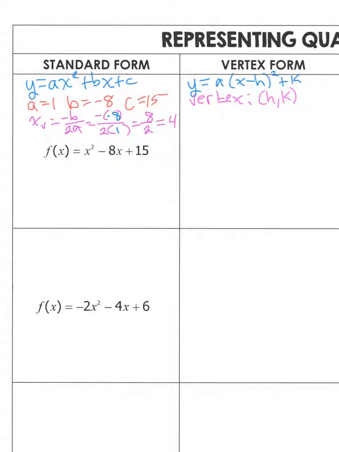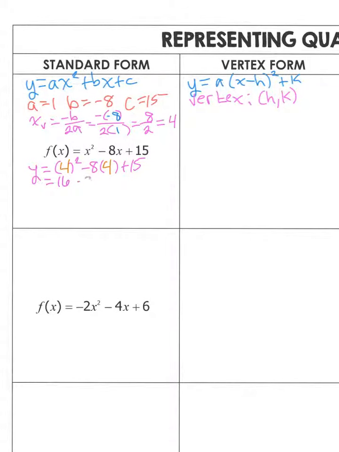Then my y value of the vertex, we're just going to plug into the equation. Wherever you see an x, we're putting in substitution parentheses. So I'm going to take this value 4 and put it here and here. 4 squared is 16.